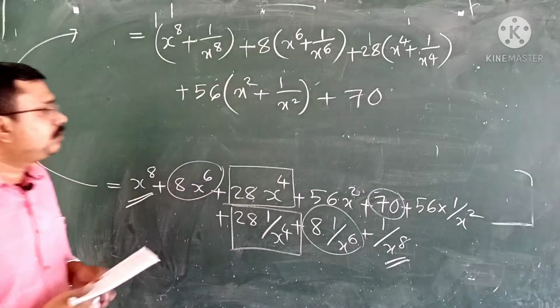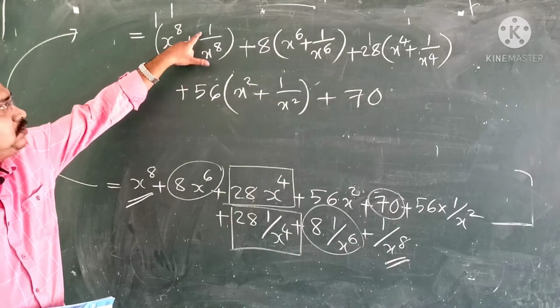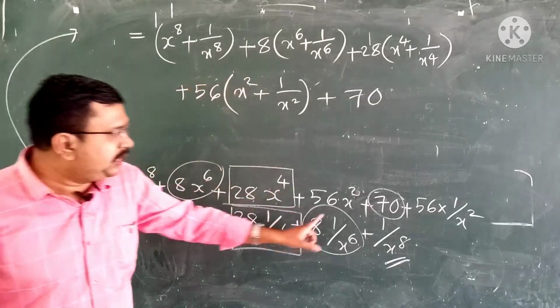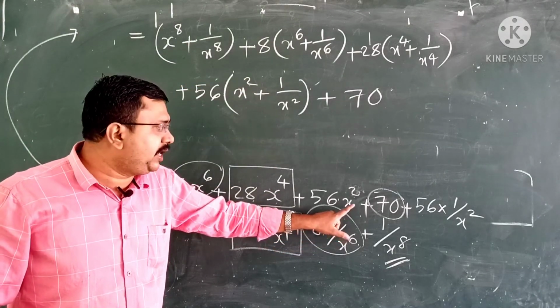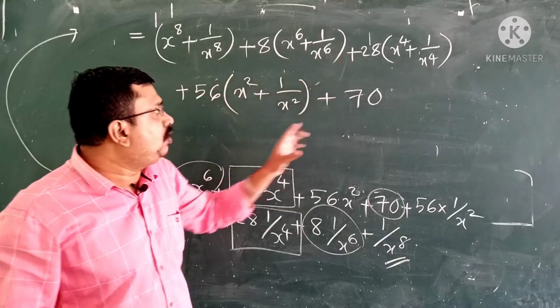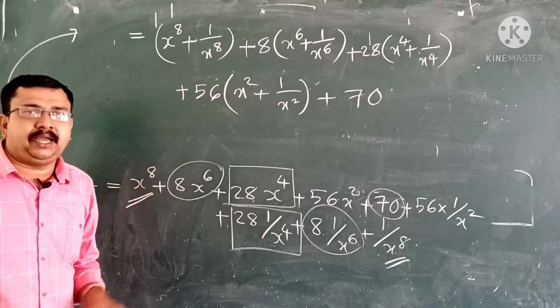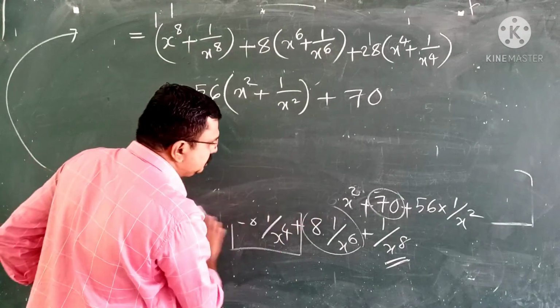So we have x raised to 8 plus 1 by x raised to 8, then 8 into the next, and all these are even powers.